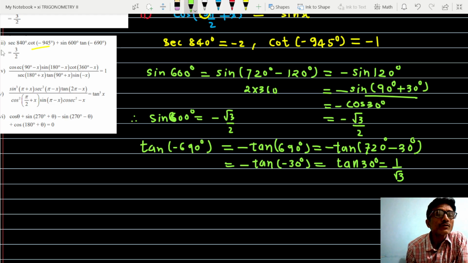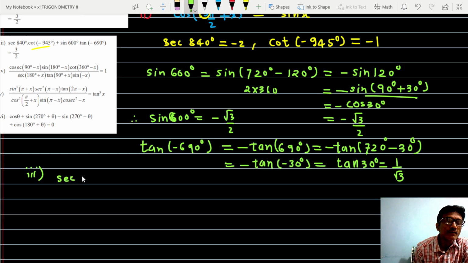Then we substitute all these values. What is this third sub question? Listen here. The third sub question is sec 840 degree into cot minus 945 degree plus sine of 600 degree into tan of minus 690 degree.